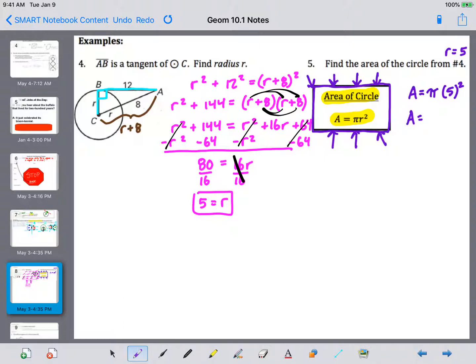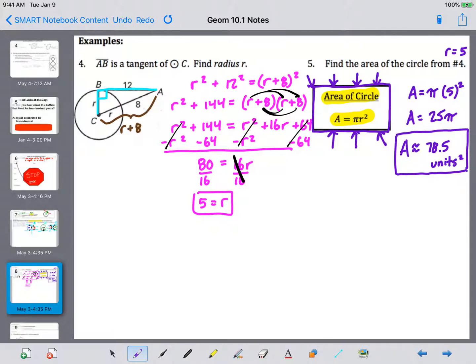You could also simplify it a little bit further before you plug it in. 5 squared is 25, so this would be 25 pi. And 25 pi, if you plug that in, 25 times 3.14 is about 78.5. And this would be units squared. It didn't tell me if this was inches or feet or centimeters, so I'll just say units squared.